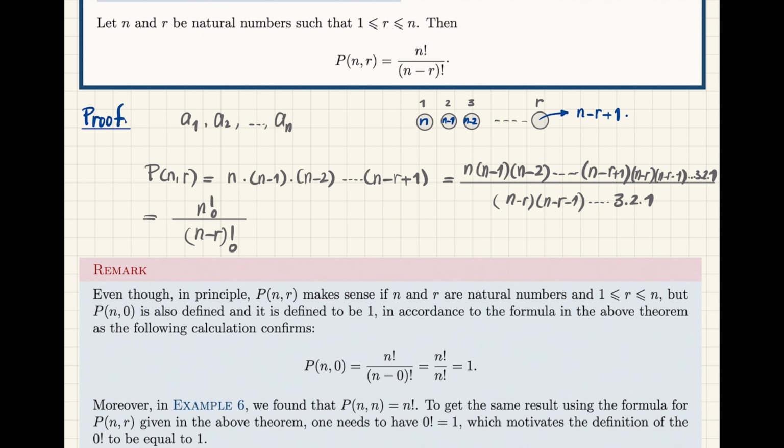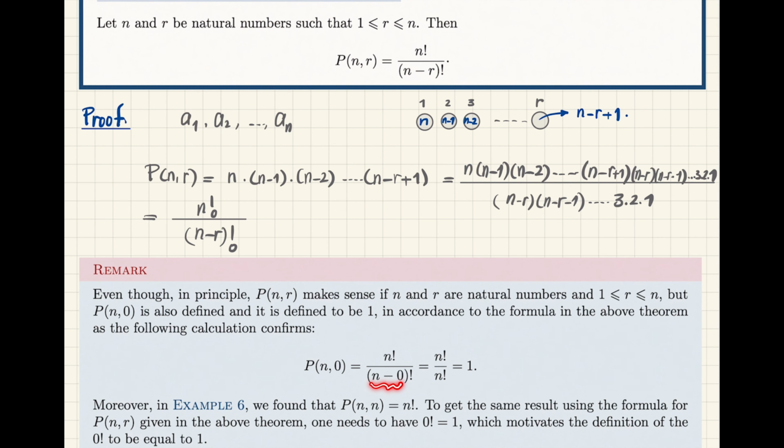So if someone asks you to calculate P(n, 0), by convention it is defined to be 1, and that's a good definition because it squares with the formula itself. If I ask you what is P(n, 0) using this formula, you put n factorial in the numerator, and then you write n minus 0 factorial in the denominator.